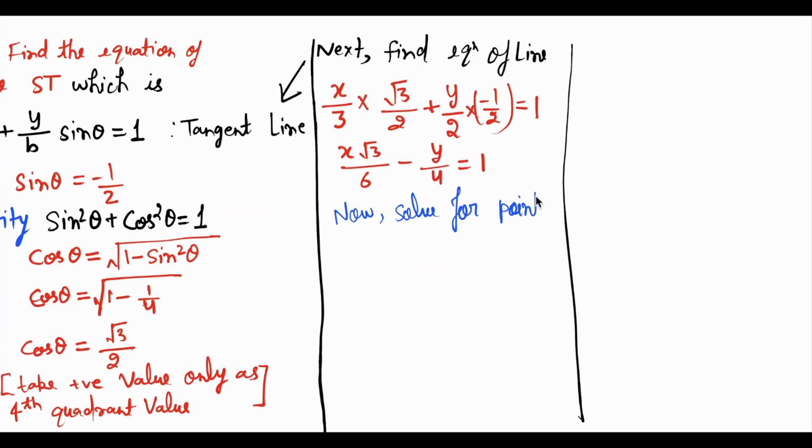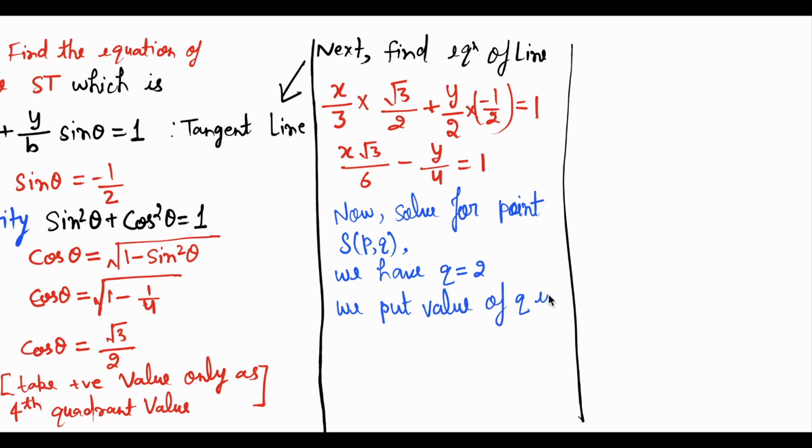So now we have the equation of the tangent line, and now we are going to solve for the point S. We have the value q which came from the y equal to 2 tangent line, and we have to find the value of p. Just putting the value of q in the tangent line, we will get p.